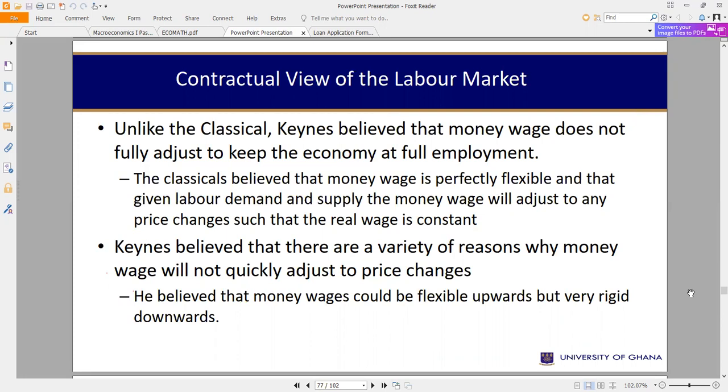For upward movement in wage, fine, it can move, but for downward movement, there's some rigidity. Workers will not just allow their wages to fall like that. So if that's the case, then there's some difference regarding the AS curve compared to the vertical AS that we just looked at.